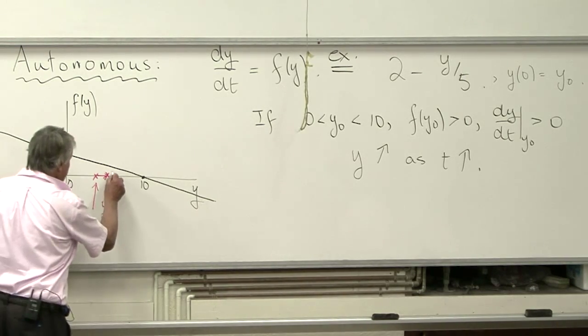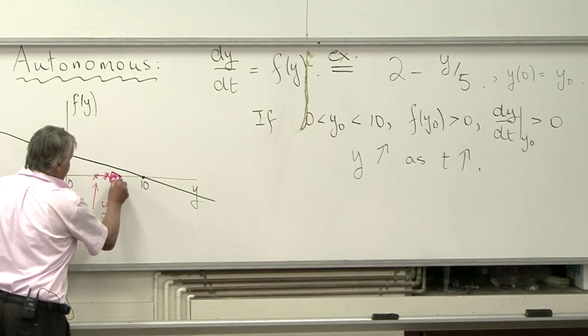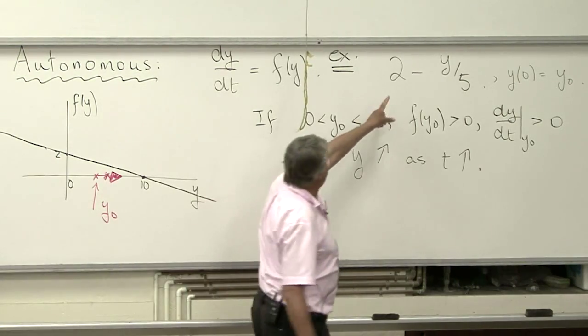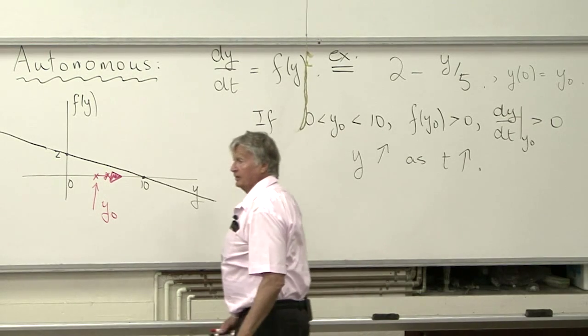So it's going to continue doing this. And when would it stop? When it gets to 10, right? Once it gets to 10, the y doesn't increase anymore, because the equation says at y equals 10, dy by dt is 0, it stops.